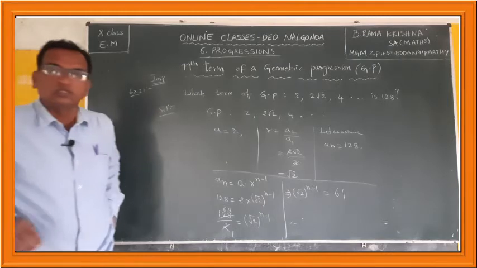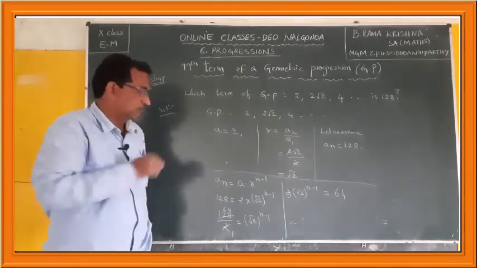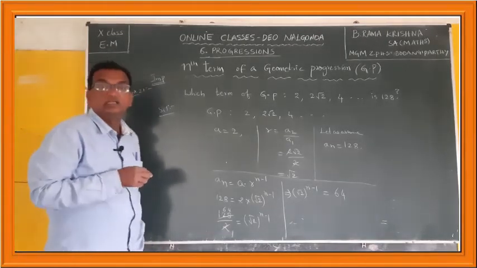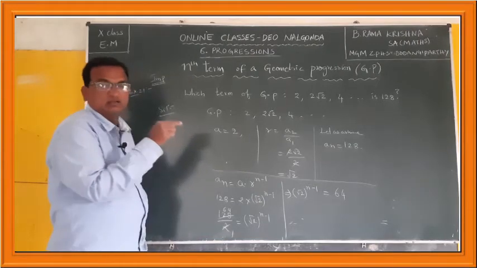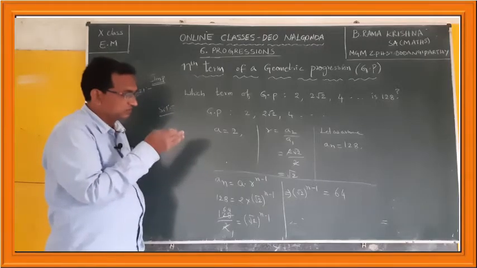Now how to solve that equation, how to get the value of n from that equation? If you remember, in 8th class itself, there is a topic on powers, laws of exponents. There you did such problems.